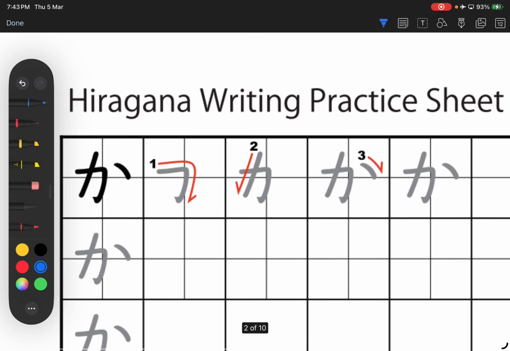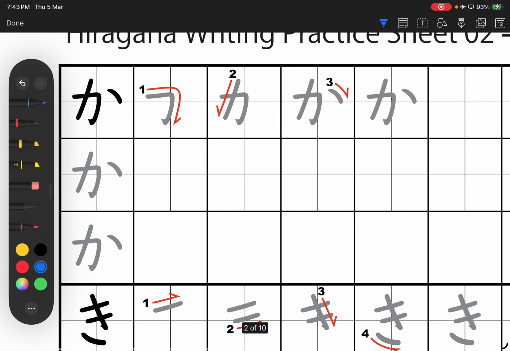Okay, moving down, we have the "ka". Ka, ka, ka. Ka is very simple. My stroke order might not be the same as this worksheet's stroke order, so you might want to see which one is easier to write.